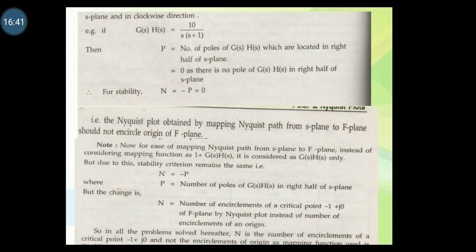So for stability, N must be equal to minus P, which is equal to 0. So the Nyquist plot obtained by mapping the Nyquist path from the s plane to the F plane should not encircle the origin of the F plane.